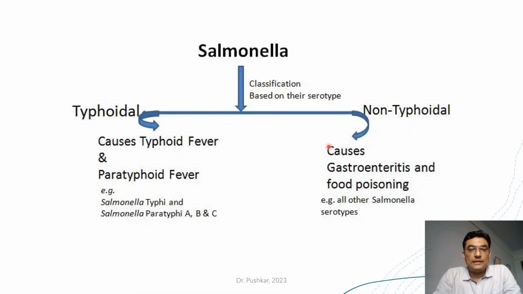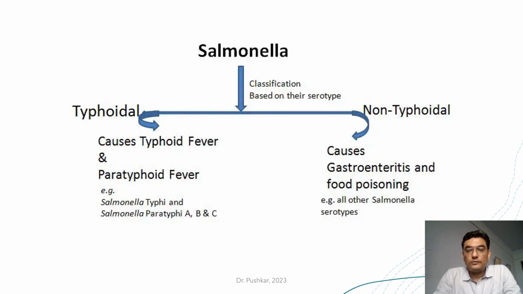First of all, let's see that Salmonella can cause typhoidal as well as non-typhoidal diseases. Typhoidal is typhoid fever and paratyphoid fever, and they are caused by the serotypes Typhi and Paratyphi A, B, C, while the non-typhoidal strains cause gastroenteritis.